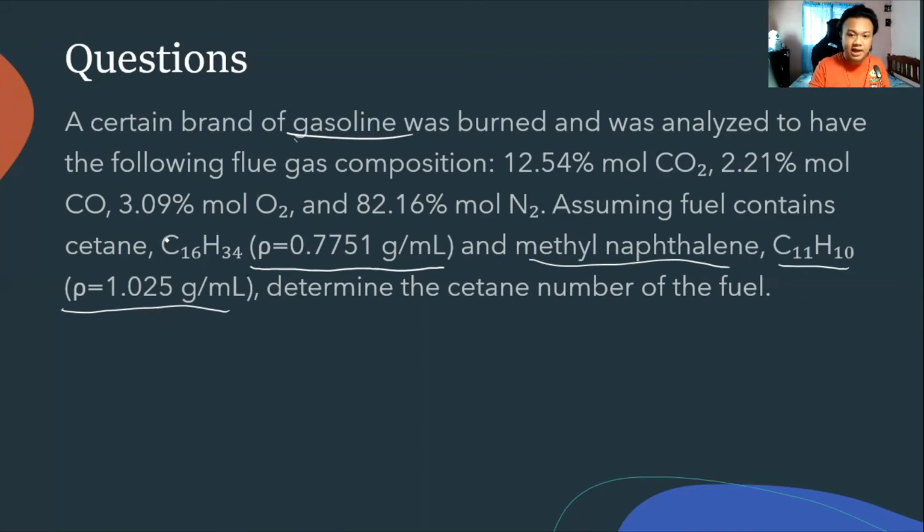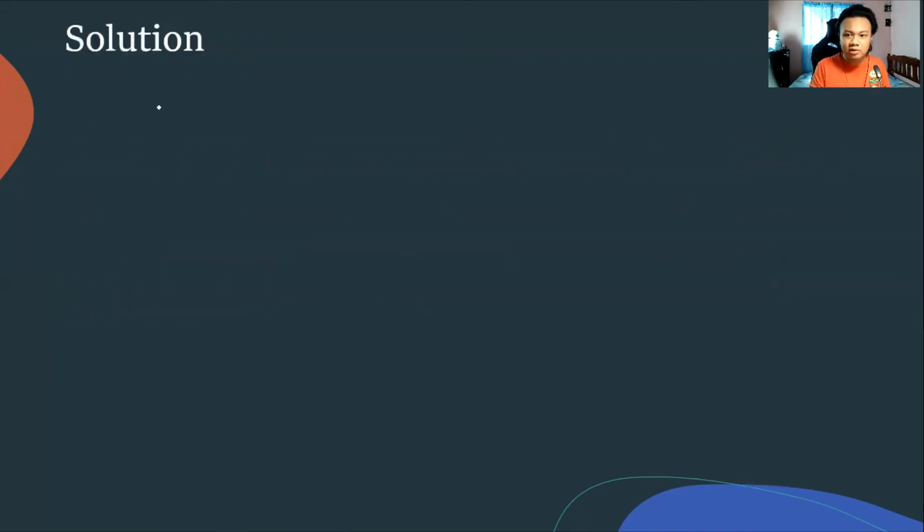So we have to draw the system first. So we have a fuel here, let's call this F, and then we have our air, and then we have our G. In the G we have 2.54%.